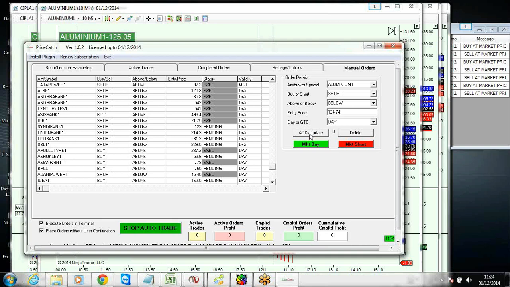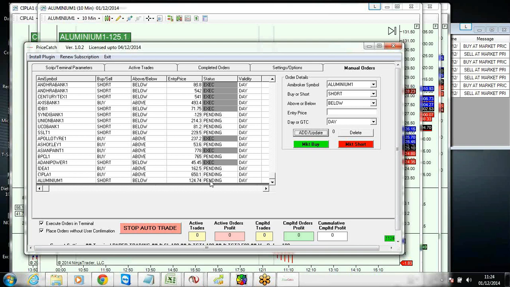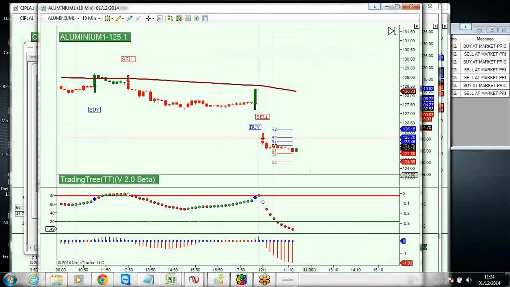So I just place my order in aluminium. Once it reaches here, it will get triggered.